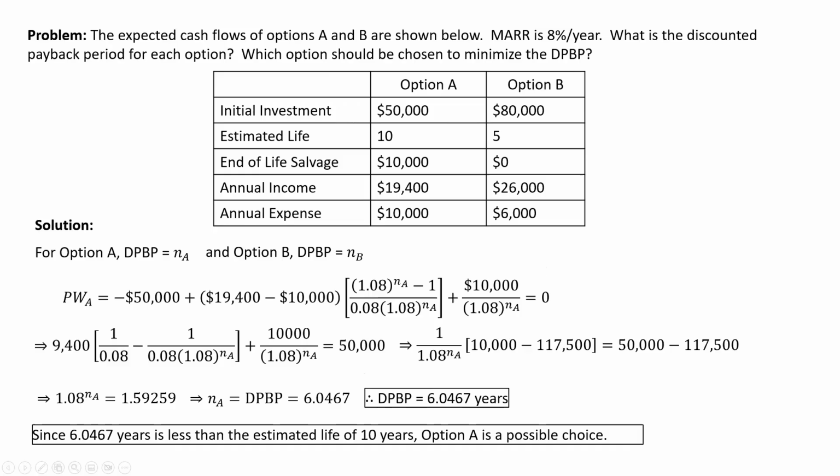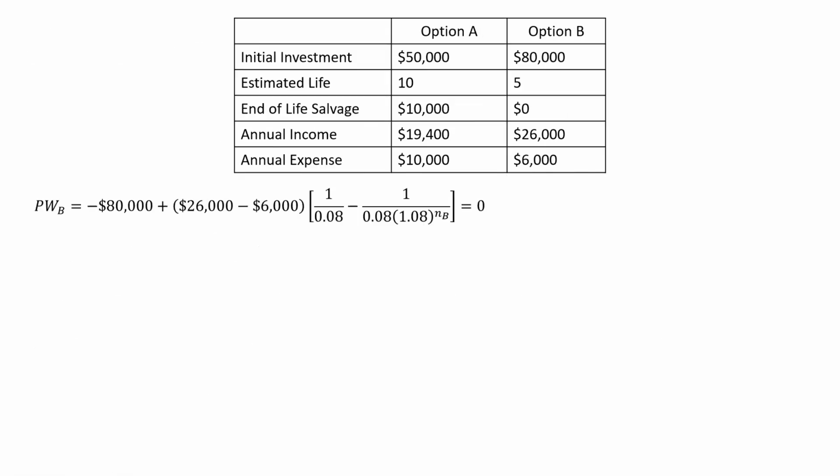Cool. Let's do a similar analysis for option B. Like a good boy, I copied the table so we can actually look at this. Minus 80,000 and the benefits at 26,000 minus 6,000, right? Income minus expense. And then the same thing, but raised to N sub B. And if we do this, oh, that's the advantage of this one.